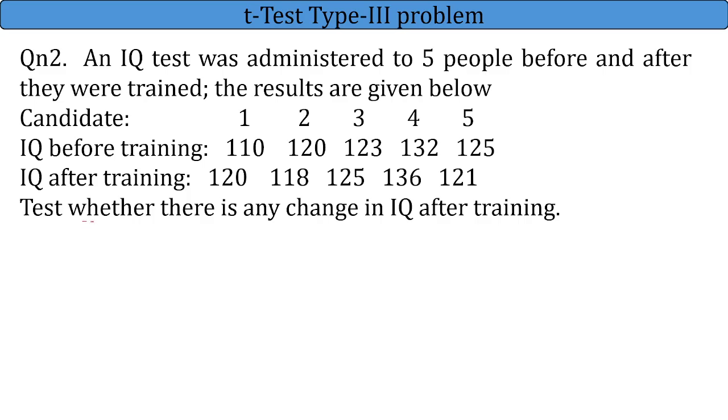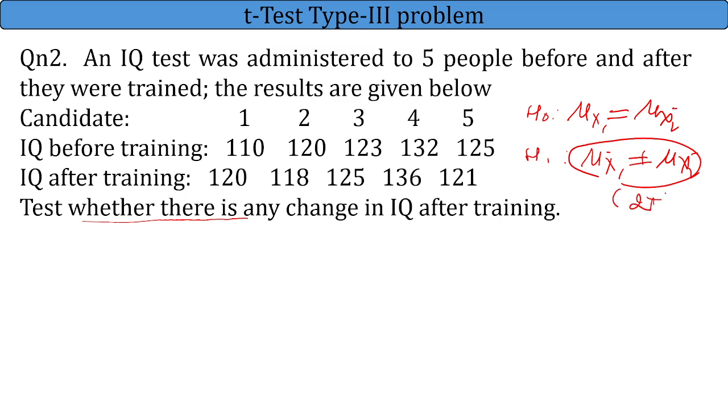So our agenda is to find whether there is any change. The null hypothesis will be mu of x1 equal to mu of x2. The alternate hypothesis will be mu of x1 not equal to mu of x2, so it's a two-tailed case. Is it clear?